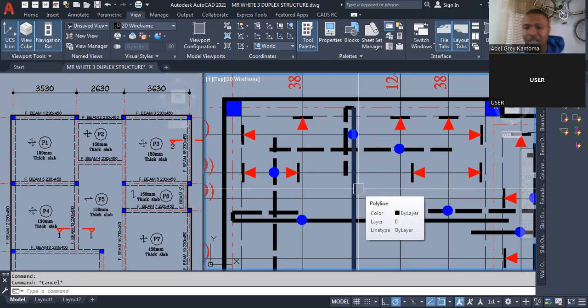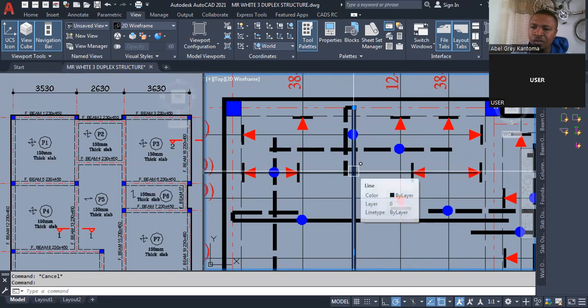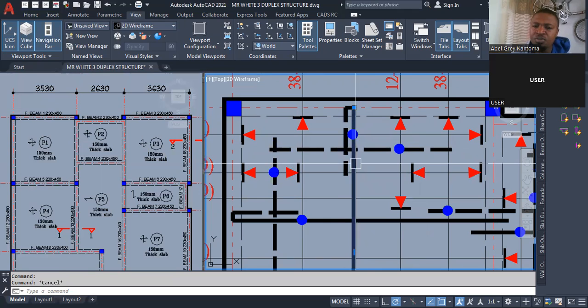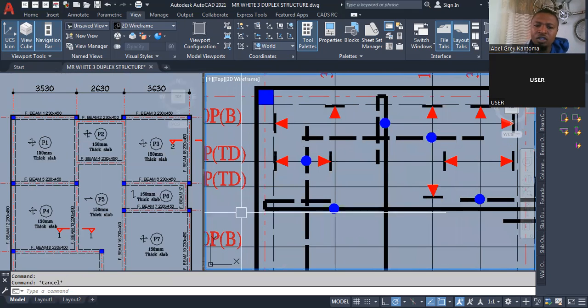Yes, sir. Exactly. So this one is called the bottom bar. This main reinforcement is called the bottom bar. This is also a bottom bar. You know, this is a two-way slab, so this is a bottom bar and this is also a bottom bar. But when it gets here, it returns, because if you don't return it here, it's going to go outside.